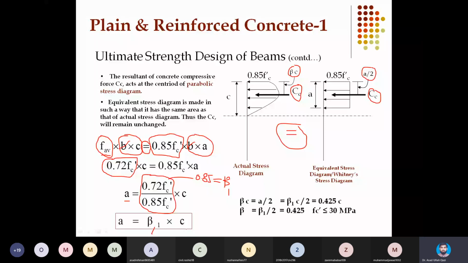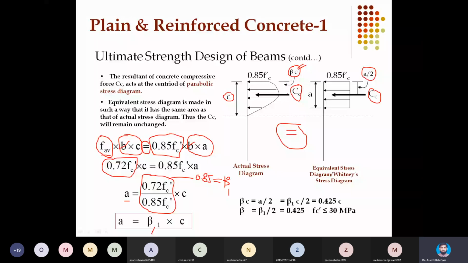Now the next step is the point of application, beta c. Now there is no 1 as subscript; beta is one factor, multiplied with the actual neutral axis depth to get the point of application of the actual force.